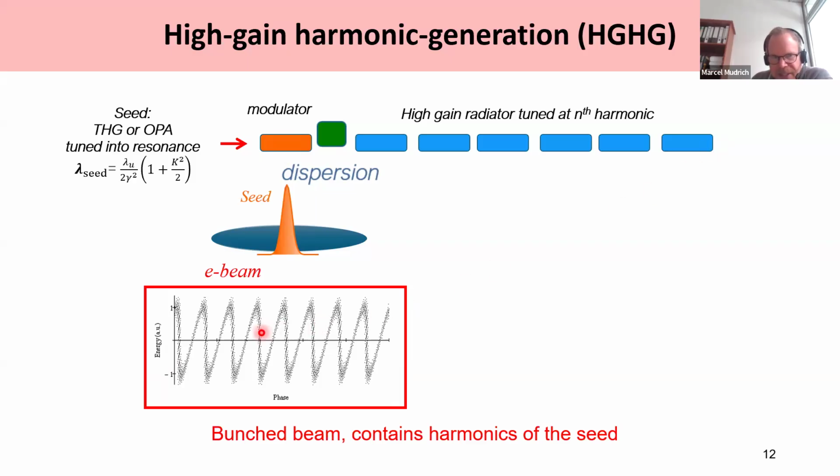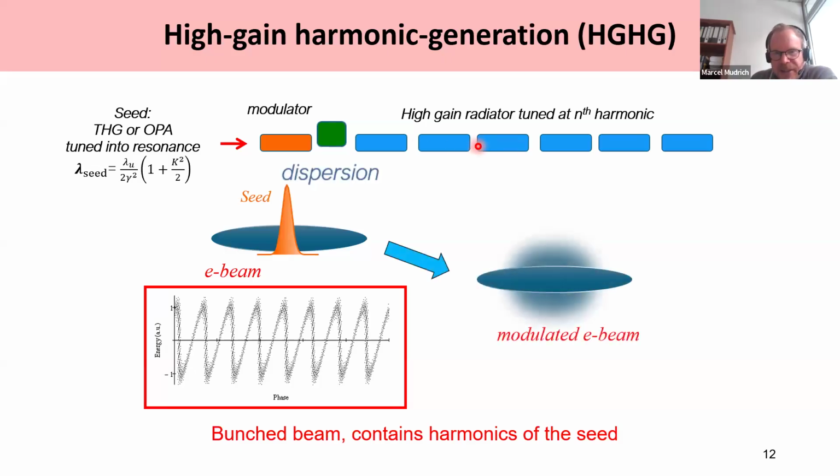So the trick is that we induce modulation at the fundamental of the seed, let's say 200 nanometers, but then by passing the electron bunches through this dispersive section, the electron bunches in phase space acquire this nonlinear distortion, which means that we get higher harmonics in the density distribution of the electron bunches as they enter the radiator.